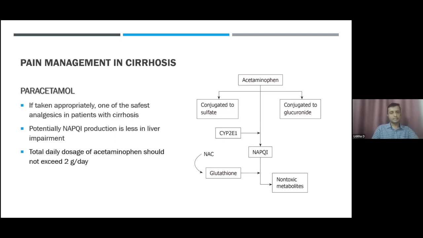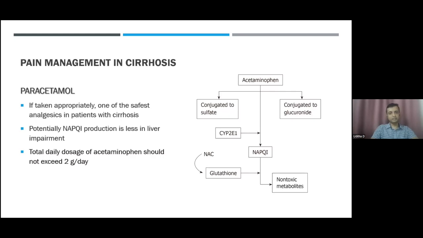This is because, if you look at all the literature, if you take a paracetamol dose of less than 2.5 grams a day, there have been no reported cases of liver injury or alteration of liver enzymes.